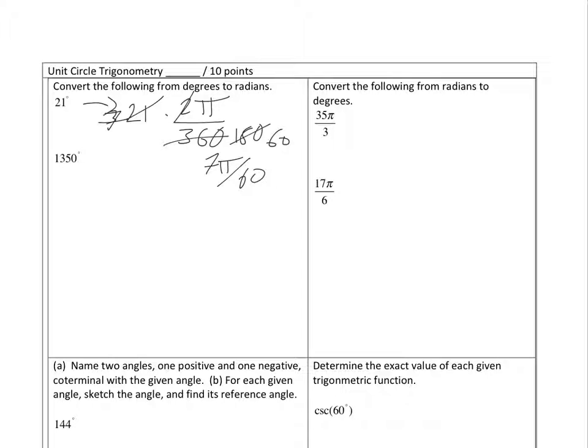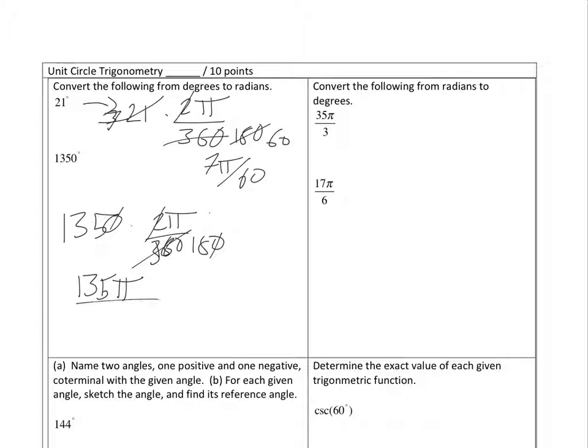For 1350, we do the same thing. 1350 times 2 pi over 360, and I might recognize that I could reduce that to 1 pi over 180. I can divide both of these by 10 to get 135 over 18. I'm going to rewrite this now, just so that I can see that a little bit more clearly.